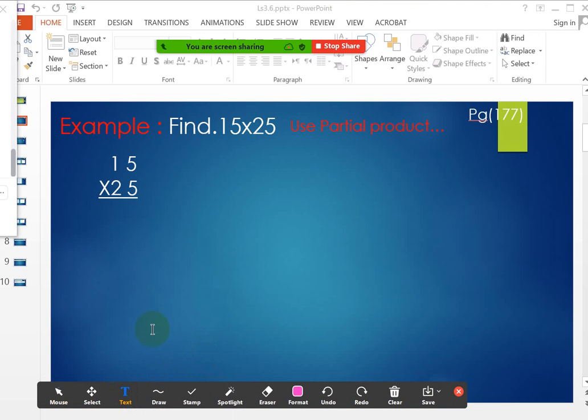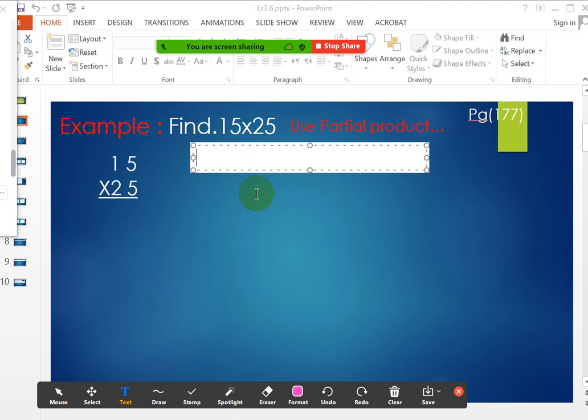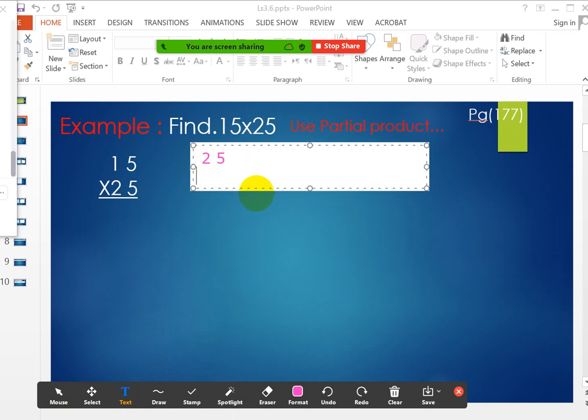Now, again, I will multiply 25, as we said, with 15. We stopped on which number? Okay.